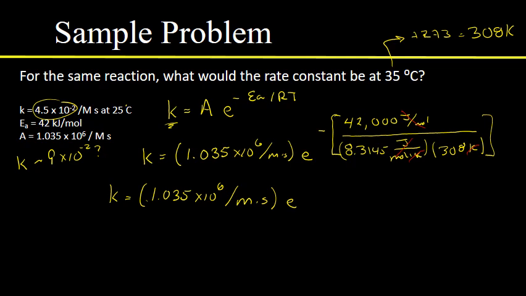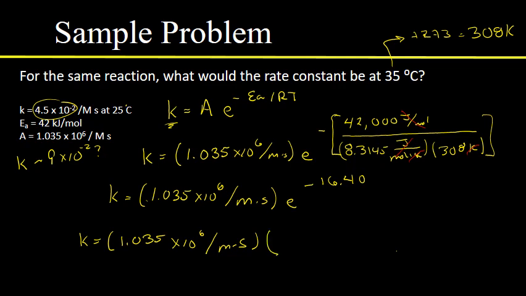And then if we take everything in that exponent up there, run that through the calculator, it gives us negative 16.40. And just do that in the calculator.